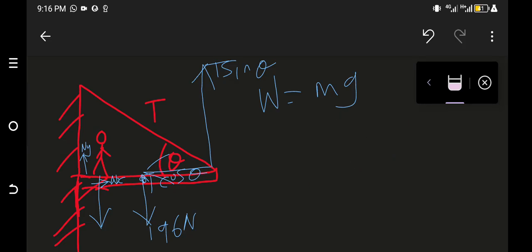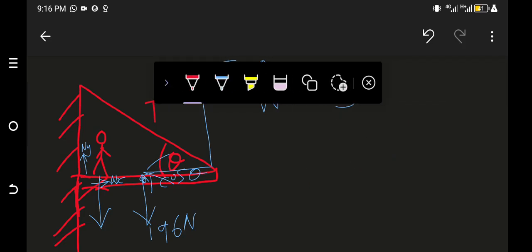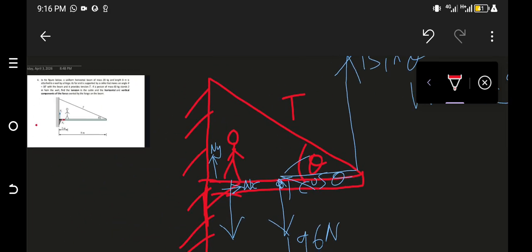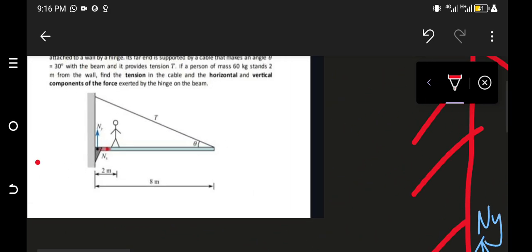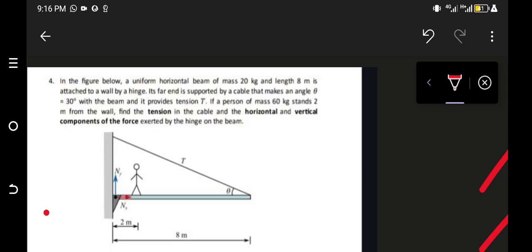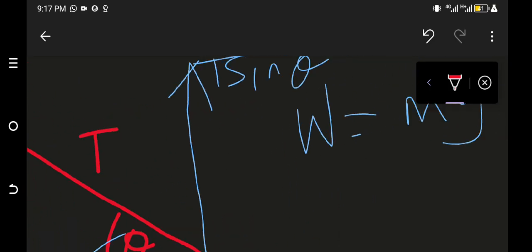So we use the formula. What was the mass given of the person? The mass of the person was 60 kg. To find the weight is simple, you have to use the formula.